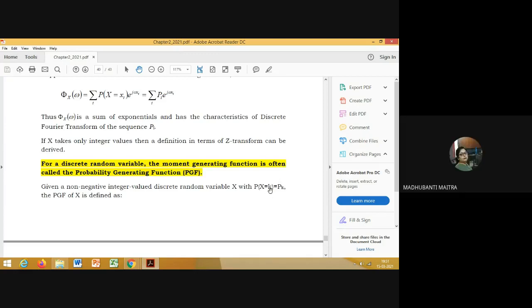No. Look at this. We know that if the discrete random variable is non-negative integer valued, then the probability that x is equal to k is given by pk, right?